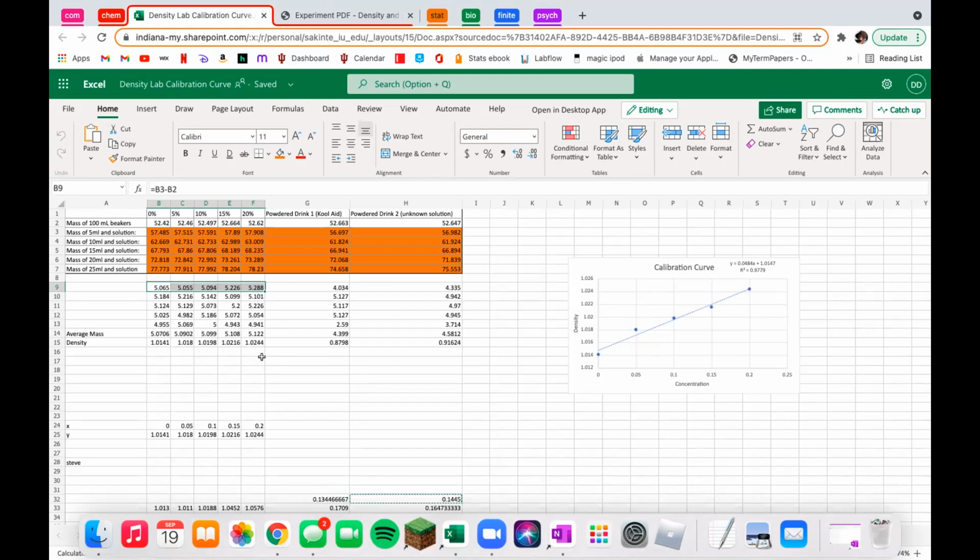Well, actually, I'm guessing you probably manually typed in B3 minus B2 for each cell. Actually, our lab AI typed in the formula and did this math while we were working in the lab.